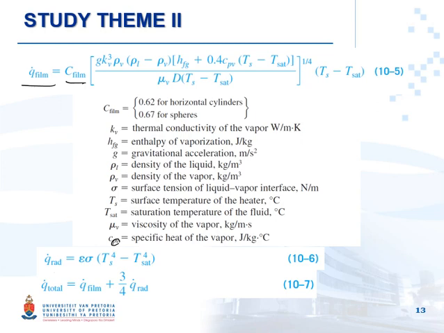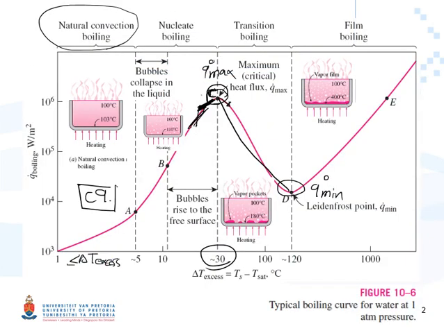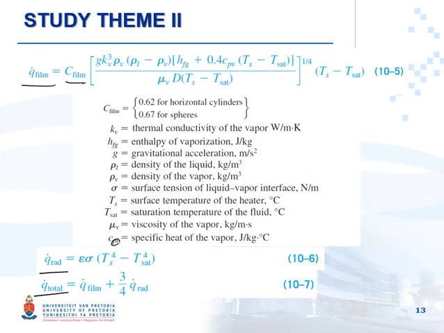But here you see that we have Q dot radiation and Q dot total. Why? Because we said that radiation cannot be neglected in film boiling. Why can't it be neglected? Because of the high temperature. When we are talking about a surface that has, for example, 800 degrees, we can't forget about radiation.